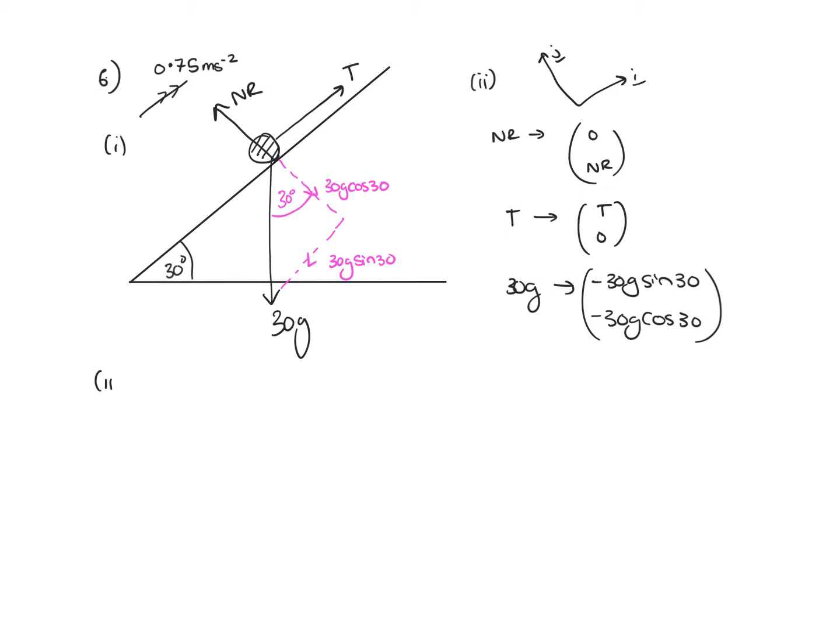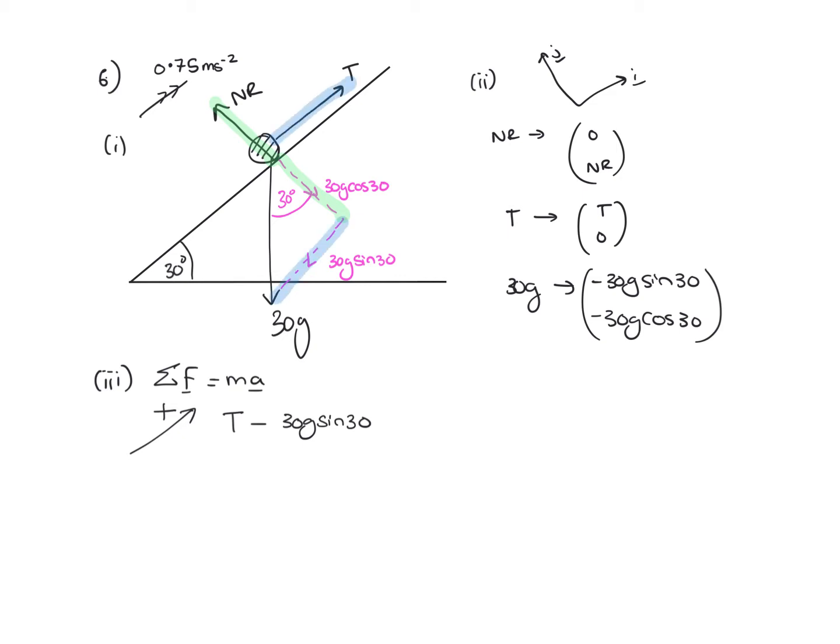So part 3 requires us to find the tension in the rope. So we're using F equals ma. Now I'm only really interested in what happens parallel to the slope, because perpendicular to the slope the forces will be balanced. So this normal reaction is balanced by this component of the weight. They're equal to each other. It's not that interesting. But if we resolve the forces going up the slope, we've got tension minus 30g sine 30. So I'm now looking at this, which is negative, and this, which is positive.